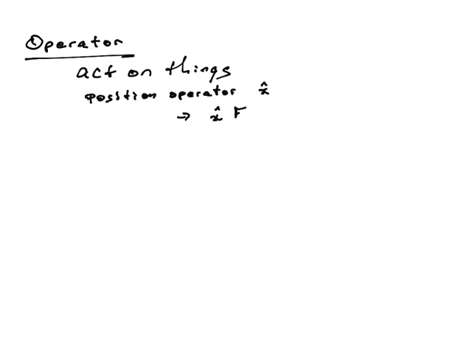But for the position operator X, all it means is you take the function, whatever it was, and you multiply by the variable X. So that's very nice. It makes sense. When we see X times F, where X is the operator, what we need to understand it means is take the variable X, the position, and multiply it by the function F. It's exactly what you would hope for it to mean. So that's really good. However, this is not true of all operators.